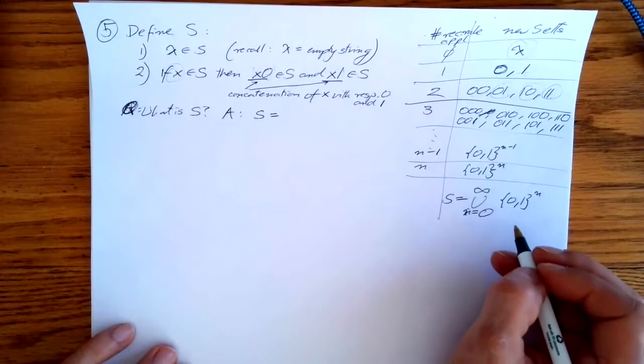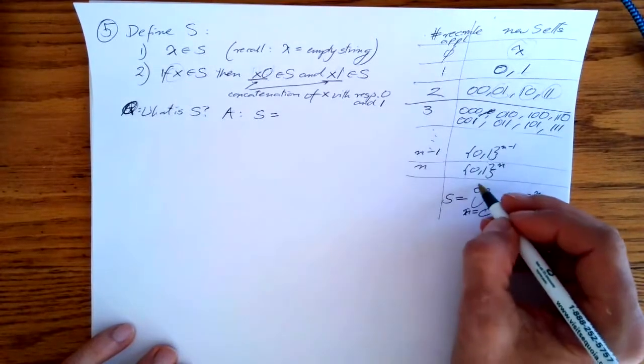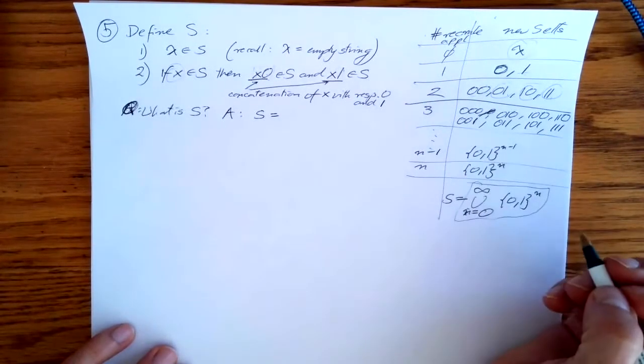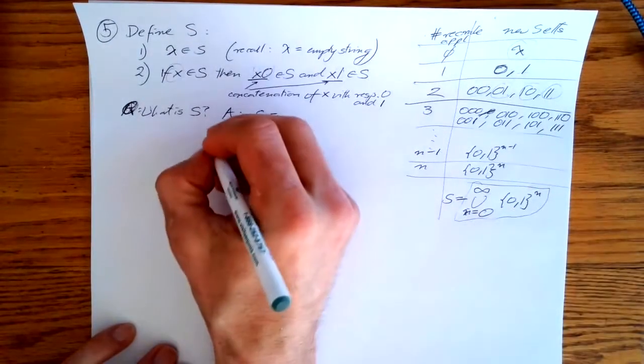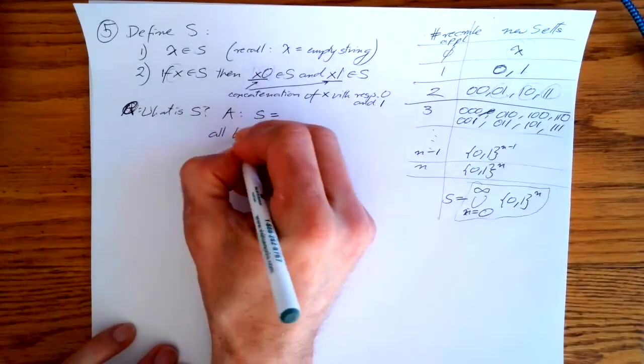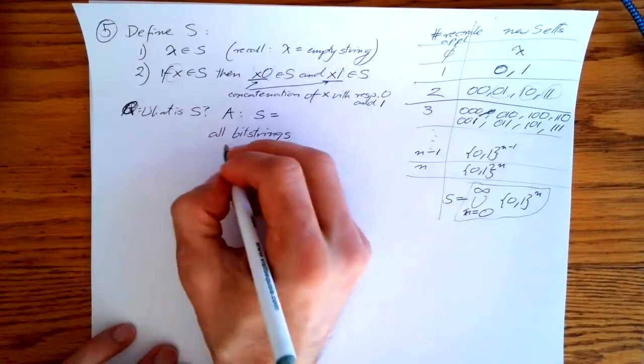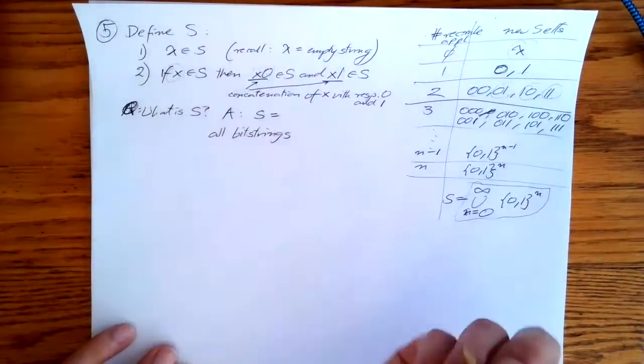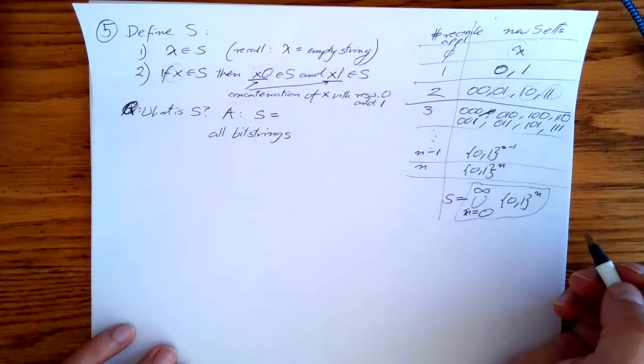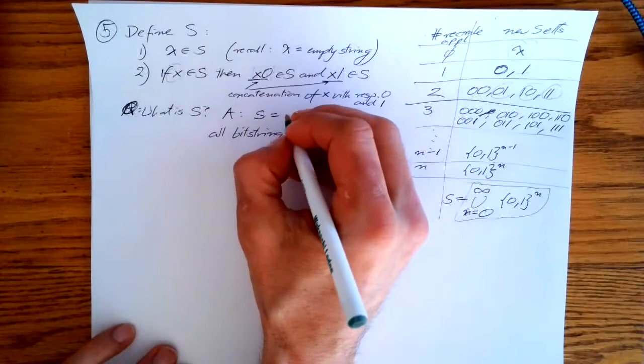That has a special notation. What is this? Yes, it's all bit strings. But do you remember how to write it in this fashion? Anyone? Okay, I'll not wait for you.